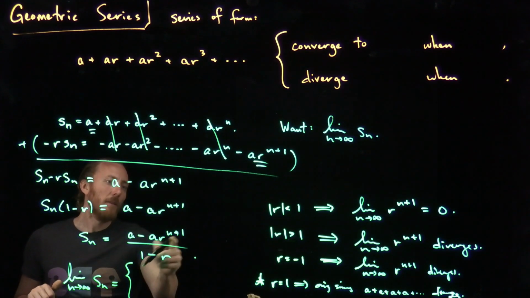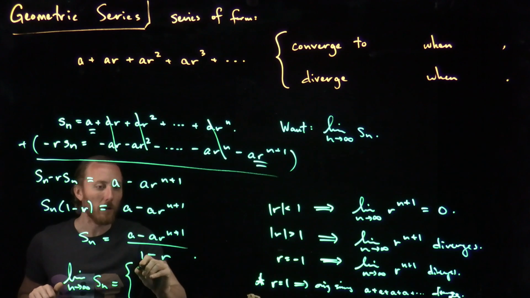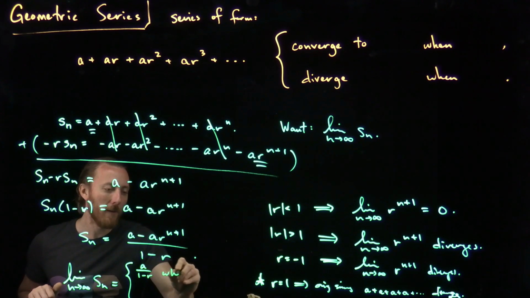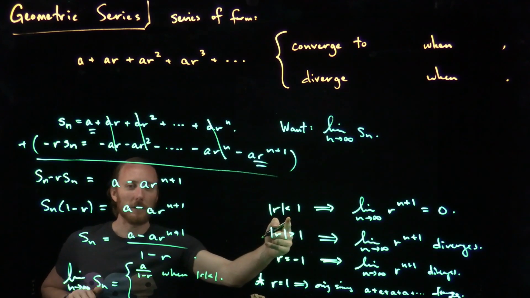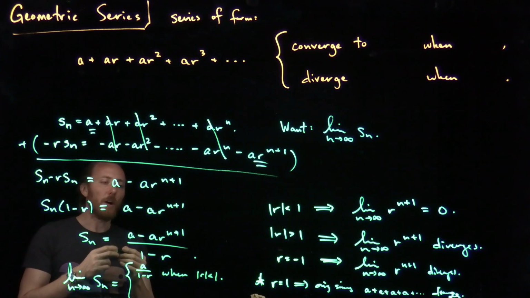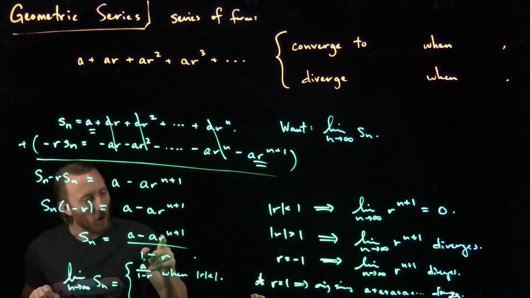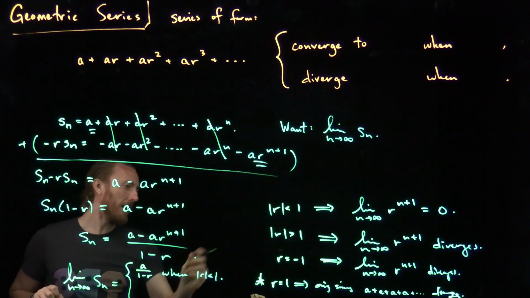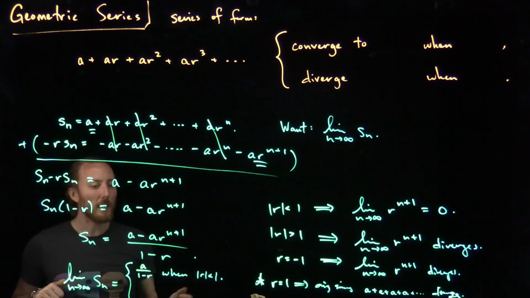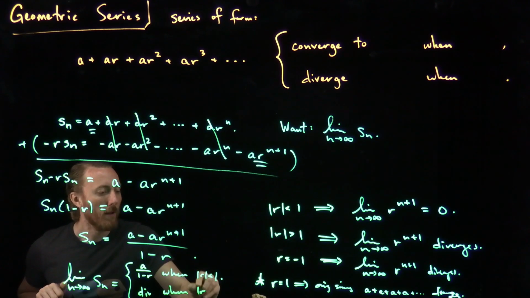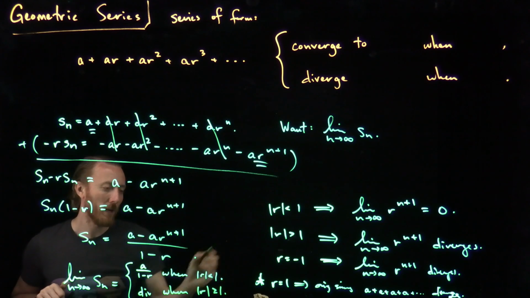In one case, this r to the n plus 1 goes to 0, and you just get a over 1 minus r when the absolute value of r is less than 1. Because when the absolute value of r is less than 1, that was exactly the case when the r to the n plus 1 term went to 0. On the other hand, when the absolute value of r was greater than or equal to 1, we got divergence. And so we get divergence when the absolute value of r is greater than or equal to 1.